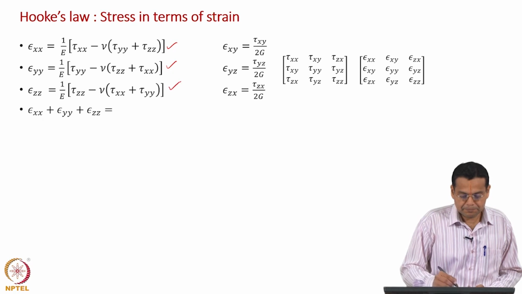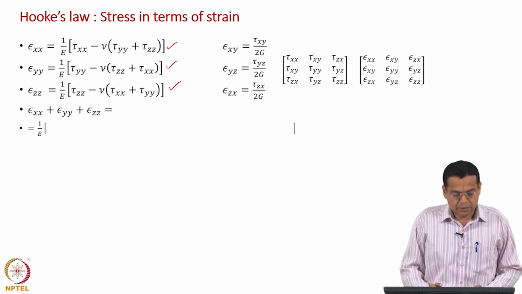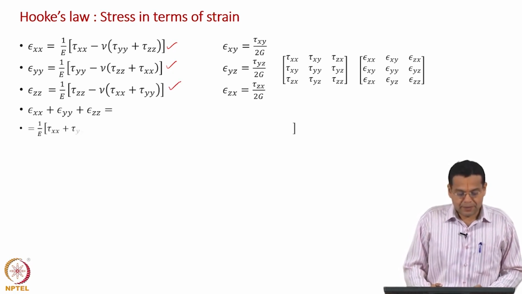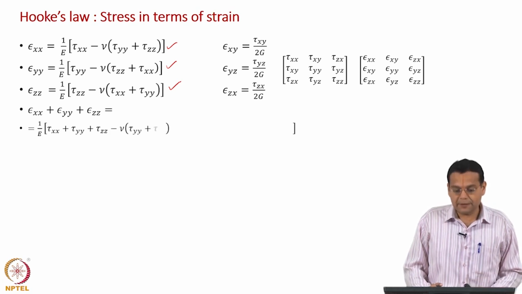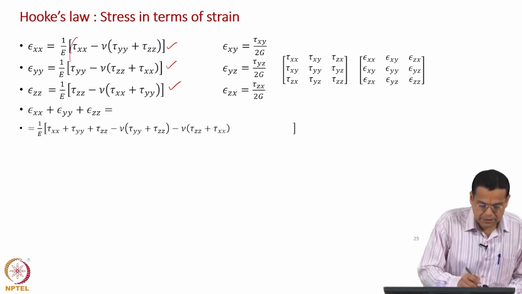Okay. So, 1 by E is common, and then we have the sum of all the normal stresses, okay. So, I have summed up all these normal stresses.